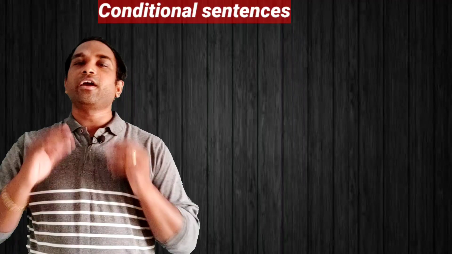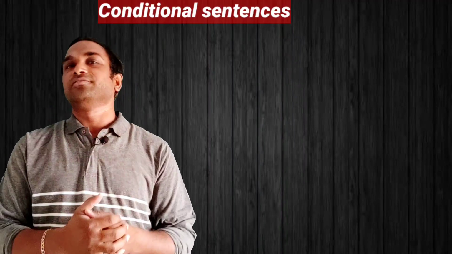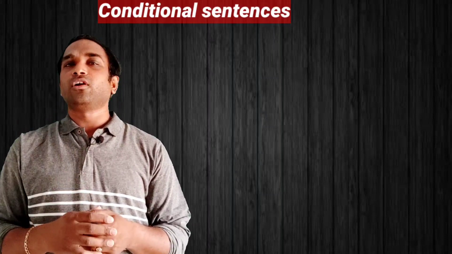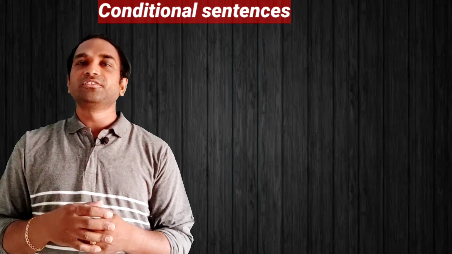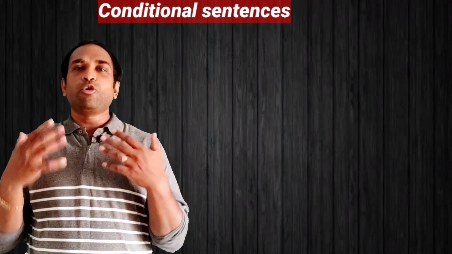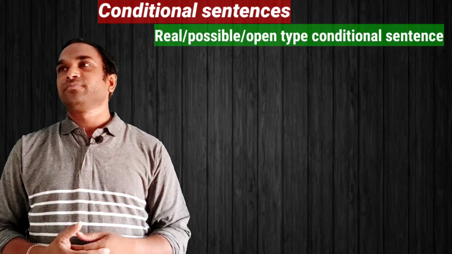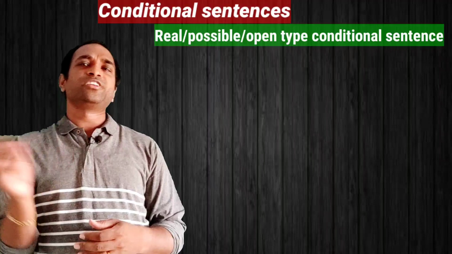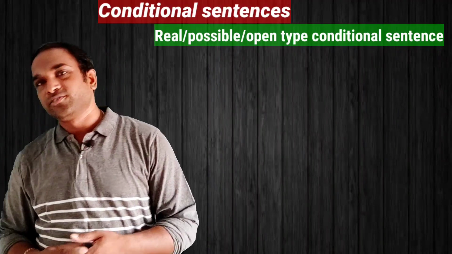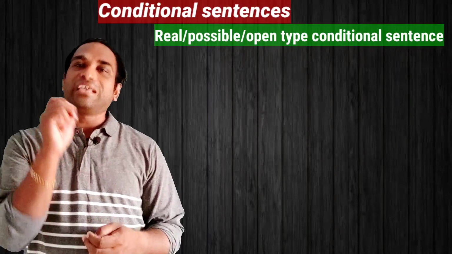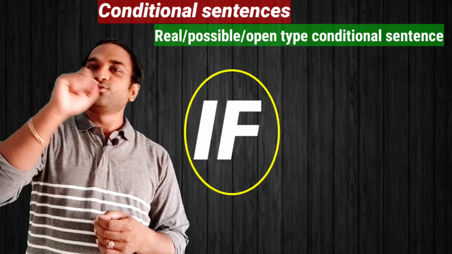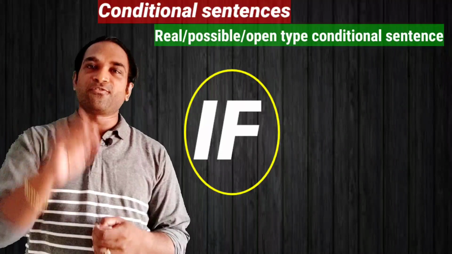The first way of expressing a condition, and that type of condition is generally called real condition or possible condition, or we can also say open type condition. Let's see the structure of this sentence first. It starts with if. In order to keep a condition, the word used is if.